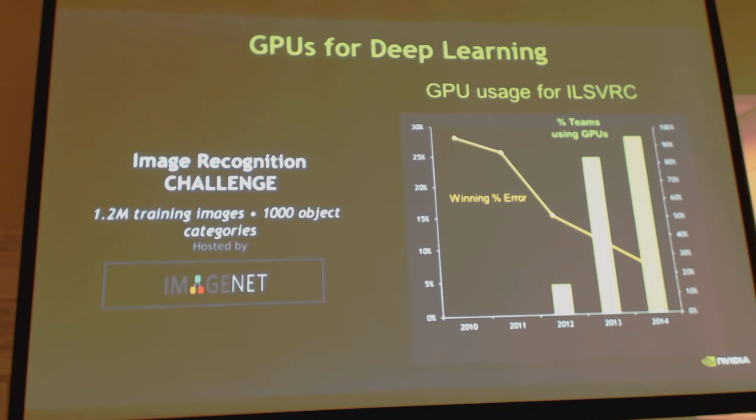And in the last 2 years, there have been a lot more teams using GPUs, and the error rate went down this year to 6.5%, which is the classification error rate, which is pretty impressive. All but 2 teams, to our knowledge, use GPUs. One team definitely did not use GPUs, and for the other team we're not sure. So if anybody does know, we're happy to find out.